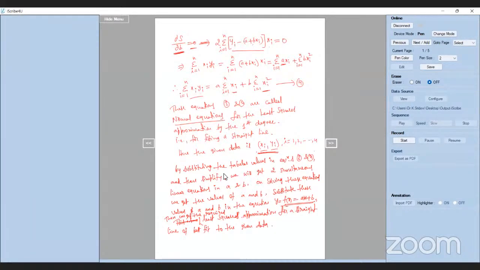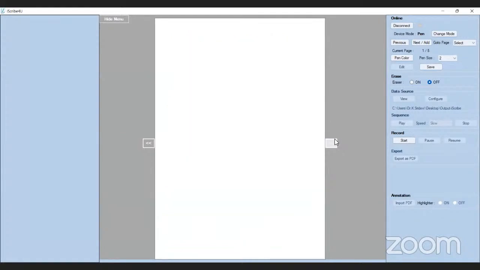Next, we go to take an example under this concept. So using this concept, we take one example here.